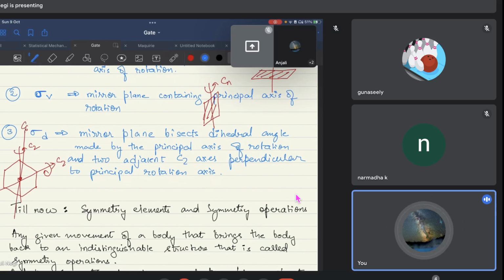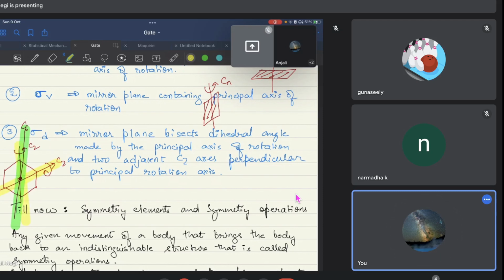So what does sigma d say? Sigma d says that it is a mirror plane bisecting the dihedral angle. The dihedral angle is made between this principal axis and this C2 and this C2.